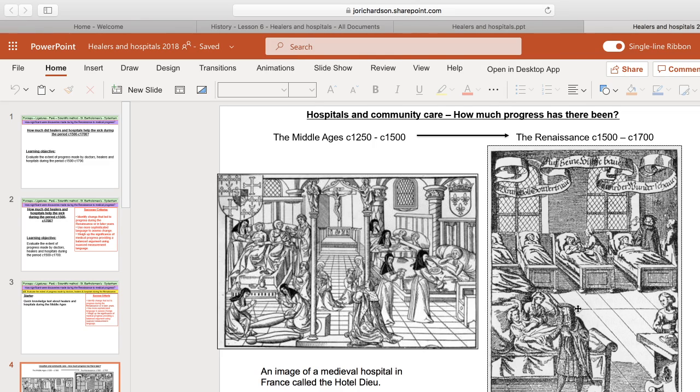Maybe with the idea of transference and better understanding, they seem to have different beds. And we don't see people being given food so much, but because there's a doctor, we can assume that maybe they're going to be given a diagnosis or medication. So if you can label and annotate the differences, feel free to do that for the image on the left too, to refresh your memory a little bit.